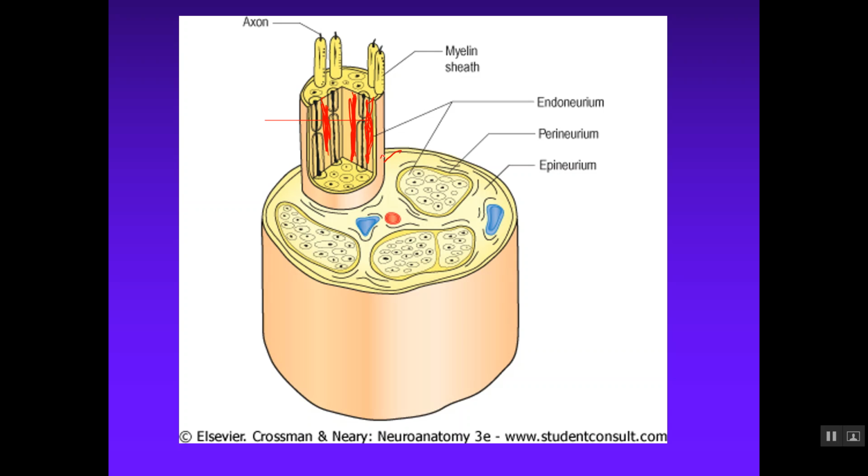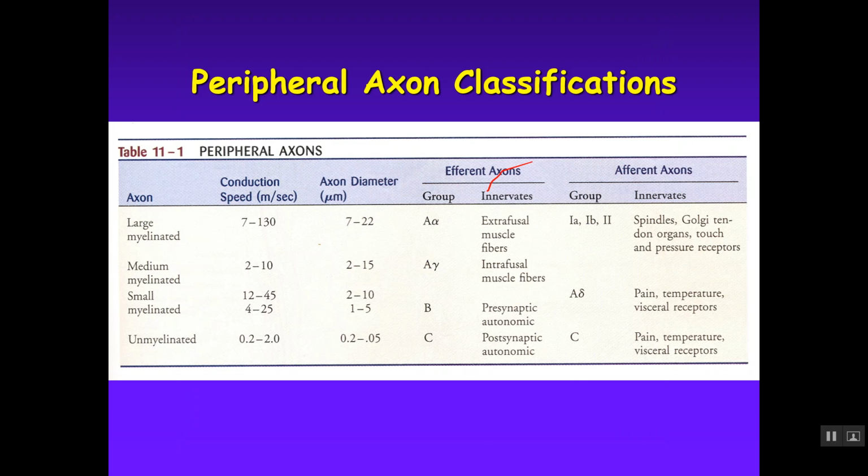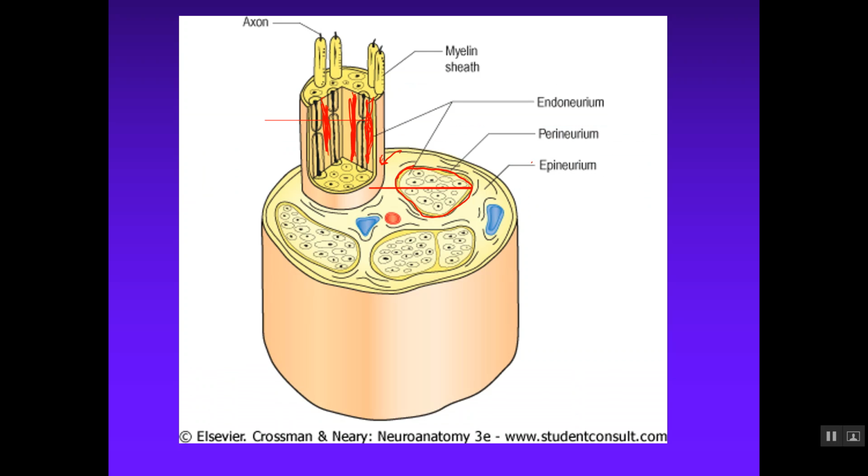So perineurium is this very outer layer that bundles a group of axons together, okay? And then you have the epineurium out here. All this stuff out here around those bundles of perineurium and fascicles of axons is the epineurium.